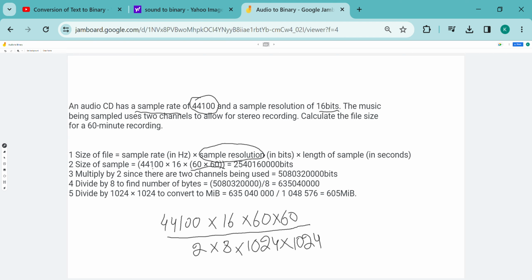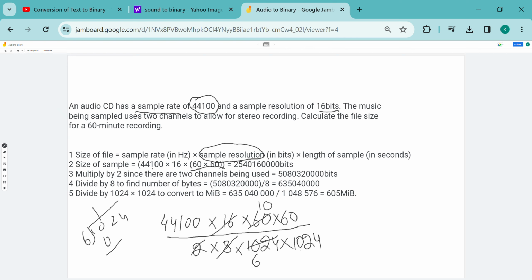Now let's proceed further. So here it is. This is going to cancel with this, and then we cancel 1024 with 1024, 60 with 60.